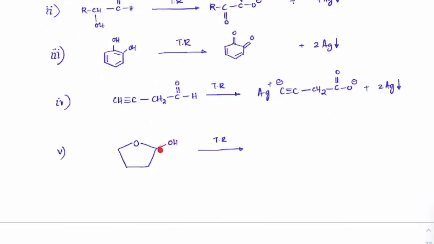The last one you would see here is a hemiacetal, so the ring will open up and here you will have OH, and this side we will have double bond O with O minus. And this will be O minus as well.